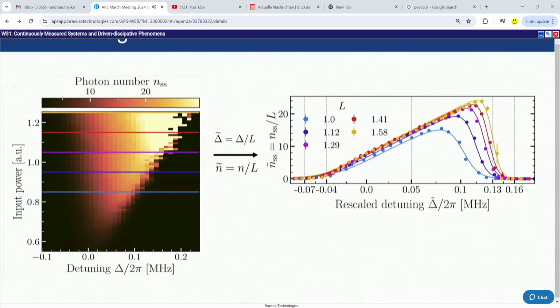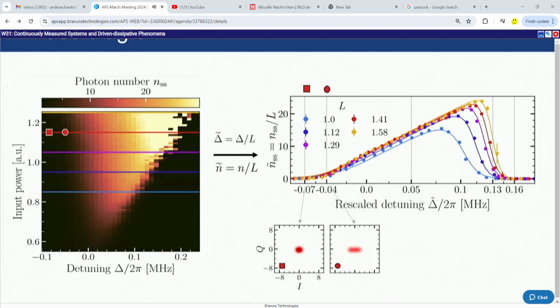As we increase this L, we should see that the transitions become sharper and the associated effects clearer. Here the dots are the experimental points, and the solid lines are the theory fit. In this rescaled picture, depending on the detuning, we can observe different phases. At the most negative detuning, we have the vacuum.